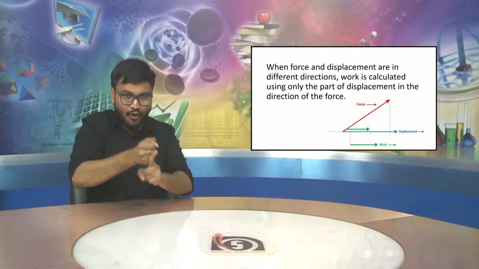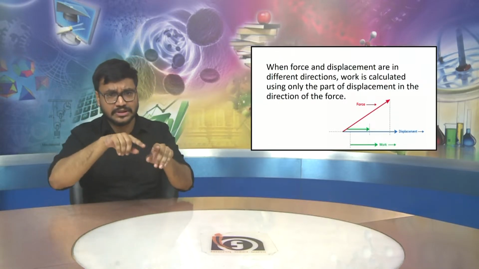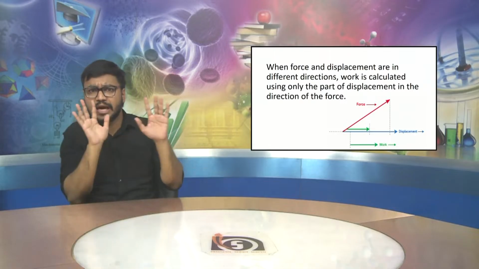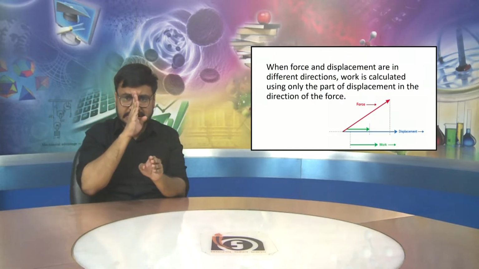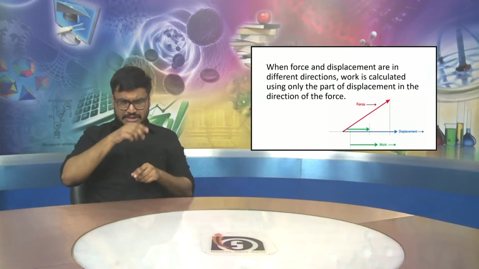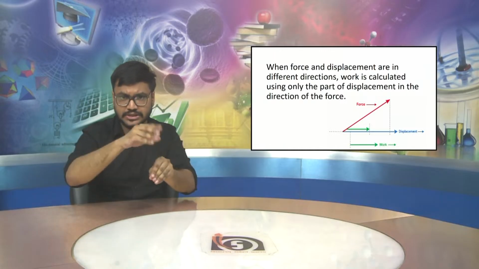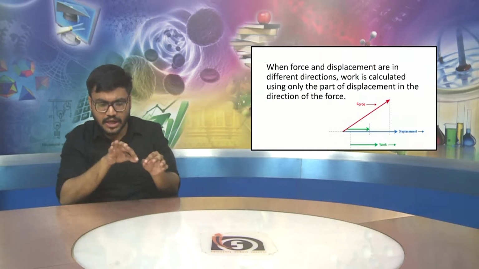When force and displacement are in different directions, work is calculated using only the part of displacement in the direction of the force.